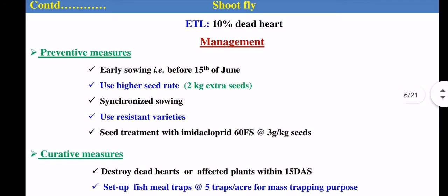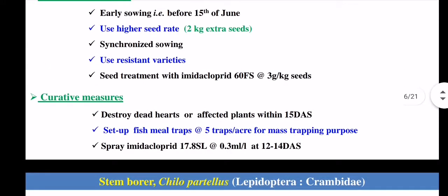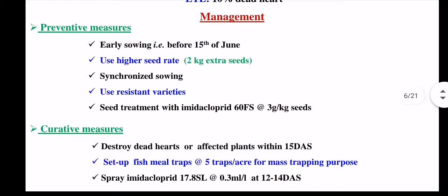If we talk about the management, there are some preventive measures, curative measures, and some chemicals that we can use to control this insect pest. For the preventive measures, you can control this pest with early sowing, that is, sow the crop before the 15th of June.